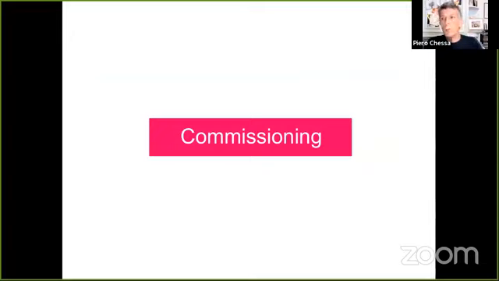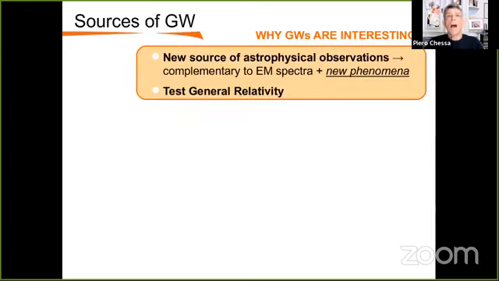So what do we do with this huge device? At the beginning, up to 2015, this was an experiment, and the purpose of the experiment was, first of all, to show that gravitational waves exist and can be detected.